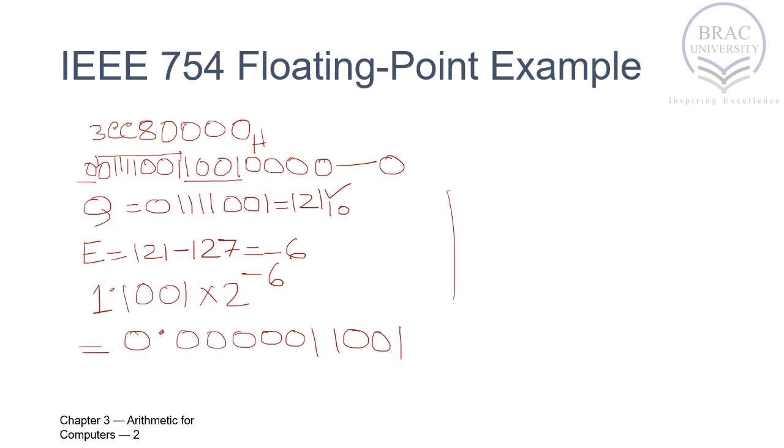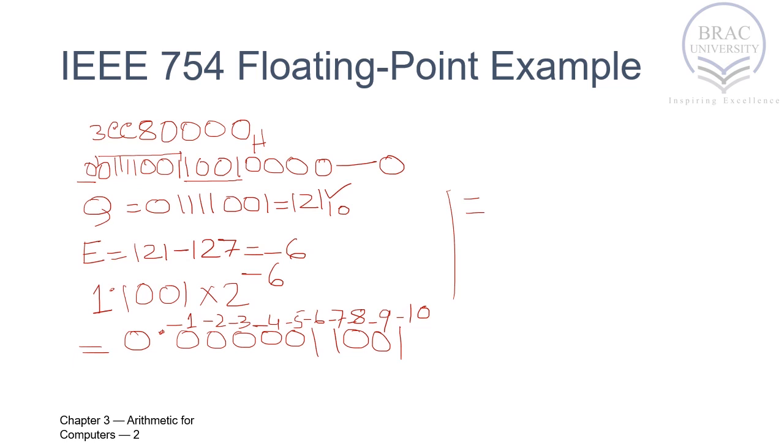So this is the binary representation of our decimal value. Now this is the -1 position, -2, -3, -4, -5, -6, -7, -8, -9, and this one is -10.